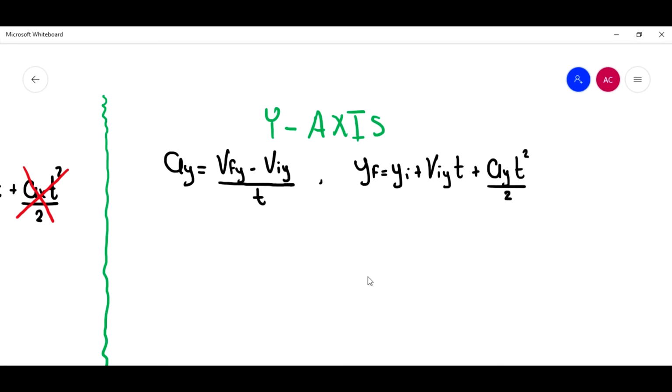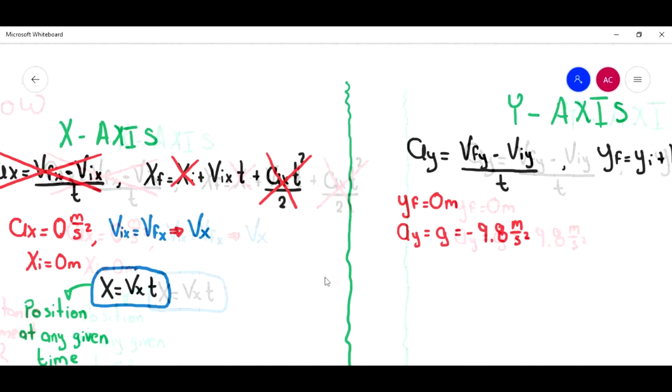Okay, so in this case the final position in y is the ground level, so to me it's going to be 0 meters. Also, the acceleration in y is the value of the gravity, that is minus 9.8 meters per second squared.